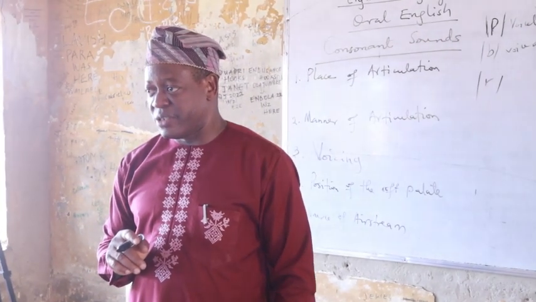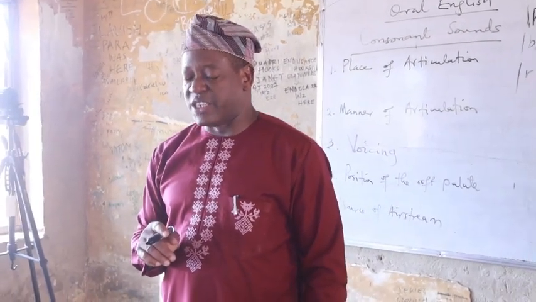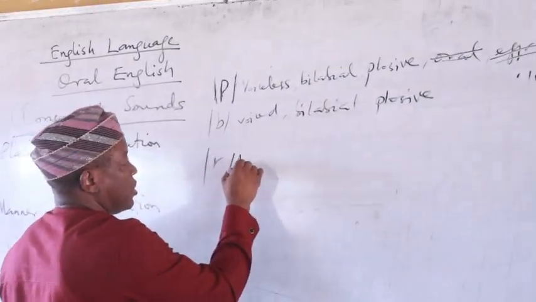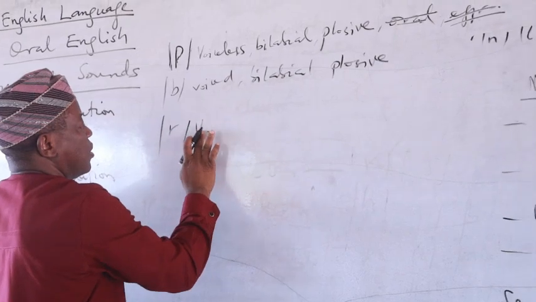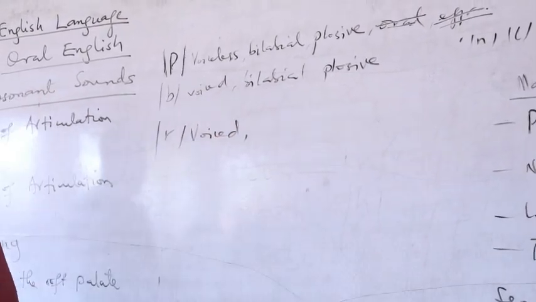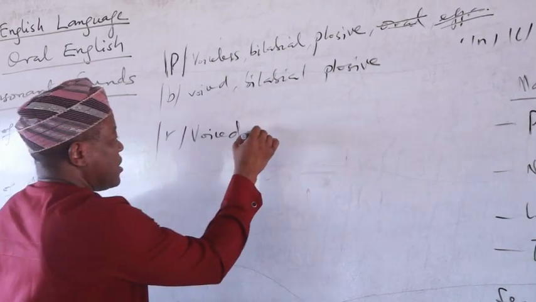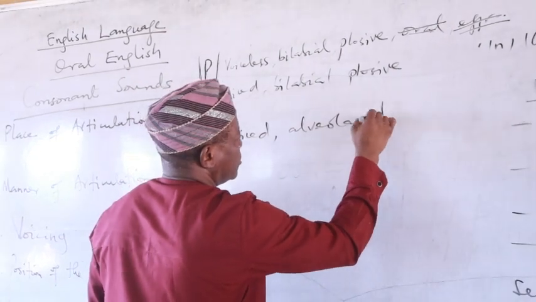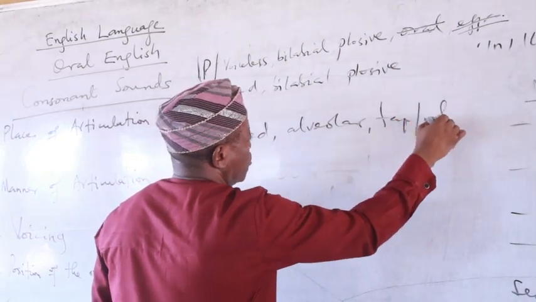Making how many? 24. Fine. So, this sound is voiced. Voiced, alveolar, tap or roll. Tap or roll.